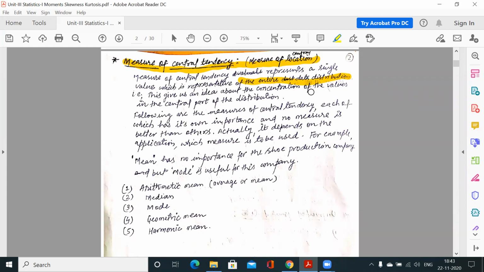So through a single value I can remember all the subjects' marks. If he tells me he got 84 average marks in all the 10 subjects, I can have an idea of the student's performance.